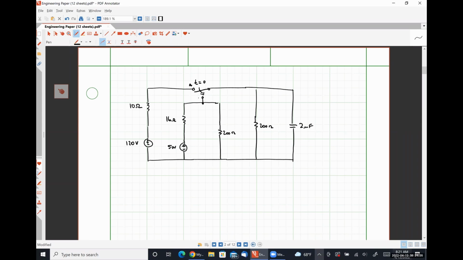I'm going to call this terminal A and this terminal B. So in this circuit, our switch is closed at position A for a very long time before switching to being closed at position B at t equals 0.